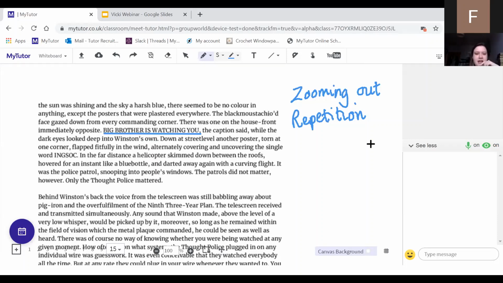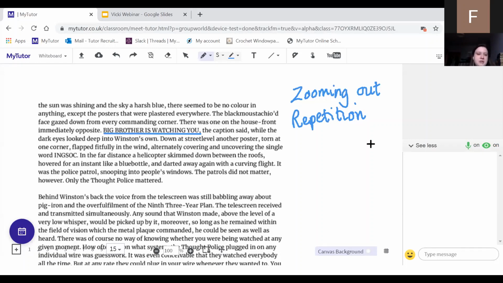Right, so the caption said, while the dark eyes looked deep into Winston's own. Down at street level, another poster, torn at one corner, flapped fitfully in the wind, alternatively covering and uncovering the single word Ingsoc. In the far distance, a helicopter skimmed down between the roofs, hovered for an instant like a bluebottle, so we've got a simile there, but we can't talk about it, and darted away again with a curving flight.